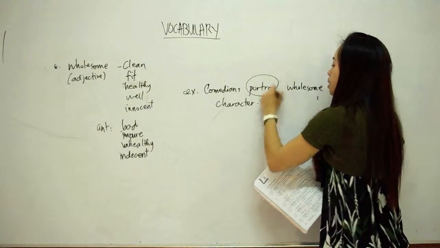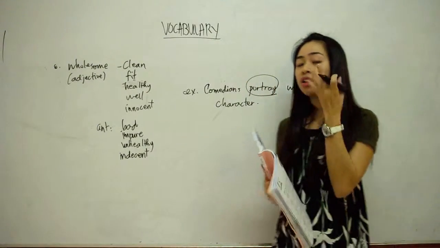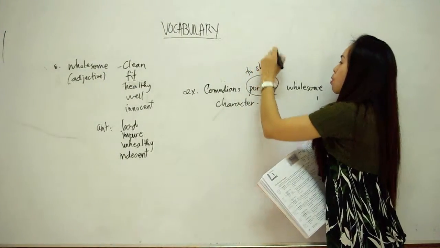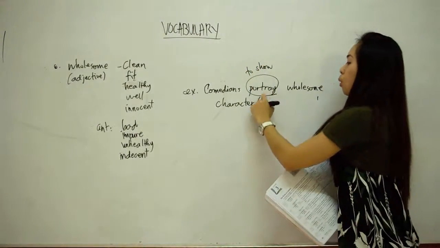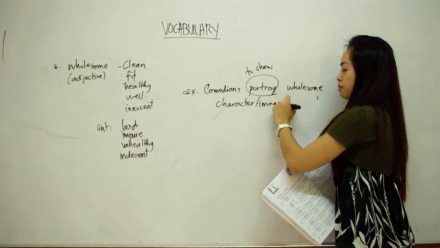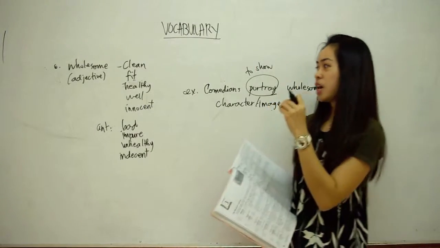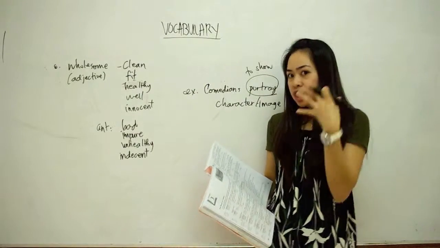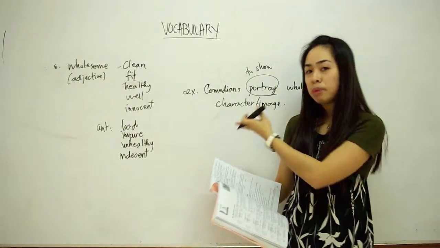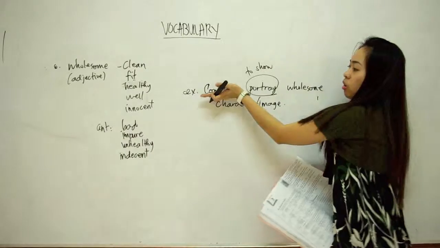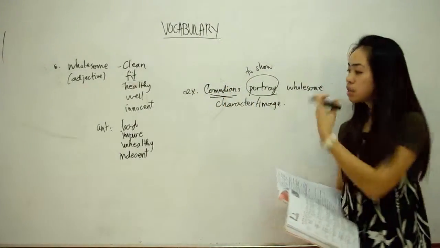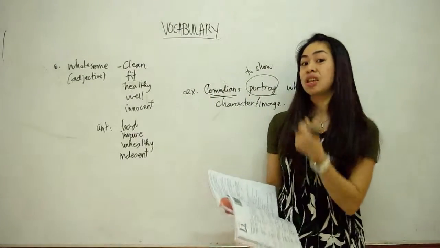When we say portray, they are trying to tell or show us a wholesome character or image. So something that is innocent or pure, but not too much of a bad image, because they are celebrities. So they should portray or show something that is a decent or innocent figure.